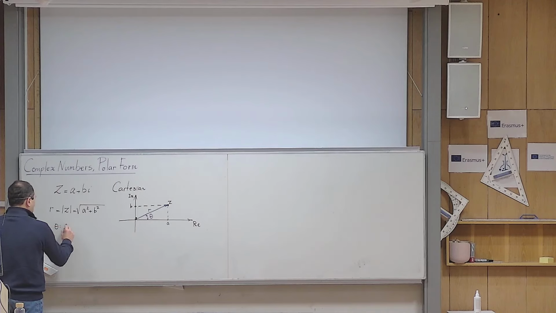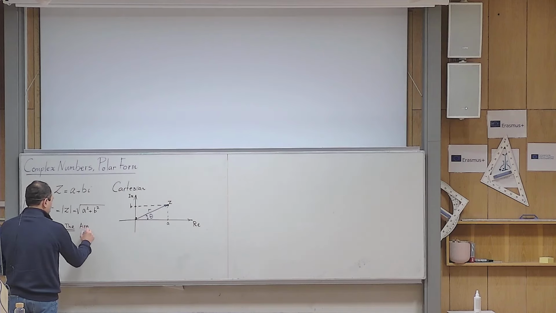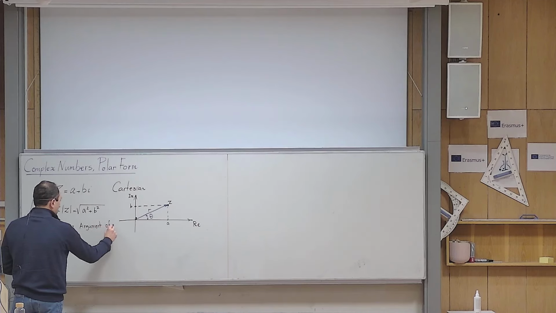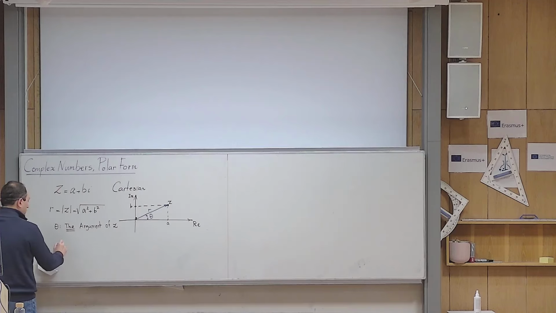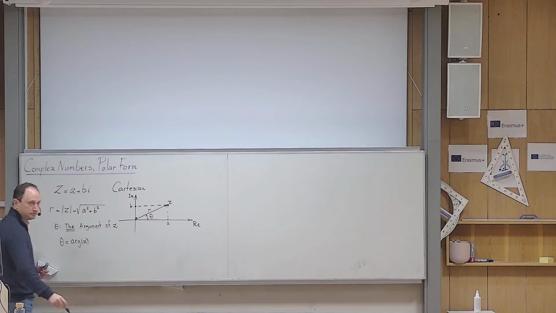Theta is called the argument of z. And of course, we denote it by these letters a, r, g for argument, and then we put z there.